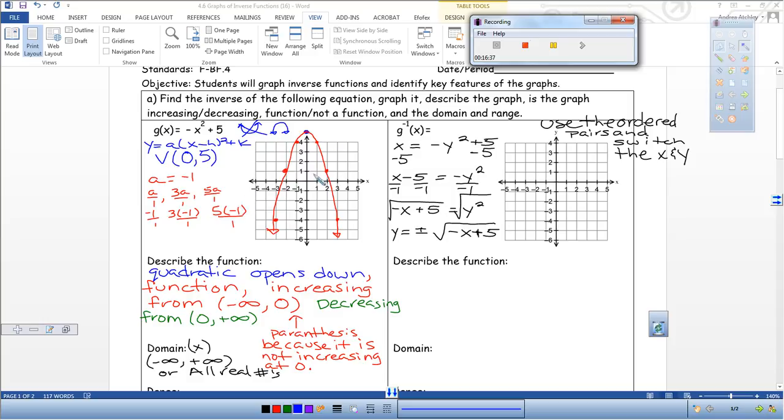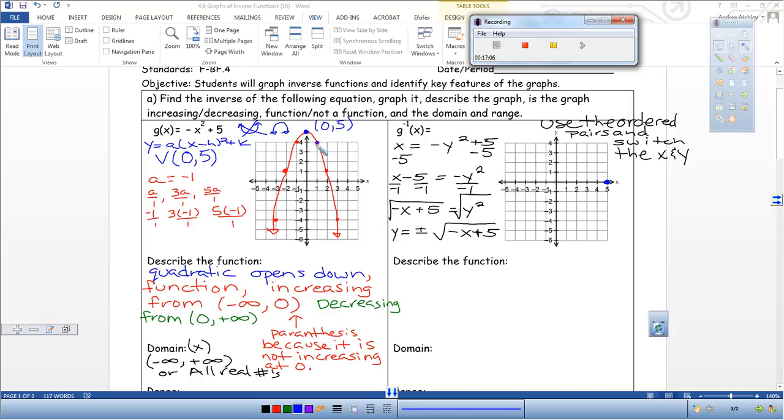So I'm going to use those ordered pairs from this graph. This ordered pair was 0, 5. So over here we're going to graph 5, 0. I'm going to go where x is 5 and y is 0, which is right here, and graph it. Any questions over that? Okay, then I'm going to take my next one.